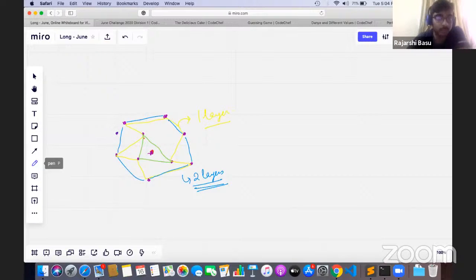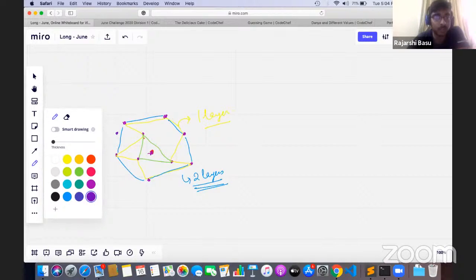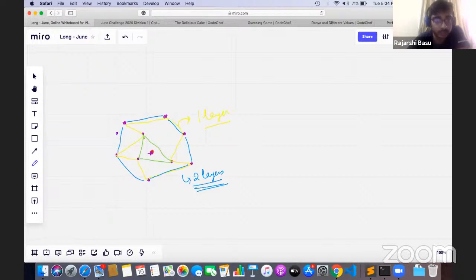Then if you choose the smallest area one, you might have a triangle like this. Sorry, it all the way comes to here and then it goes to here. So this area is probably lesser than this area. I mean, all the drawings are obviously approximate, but anyway.